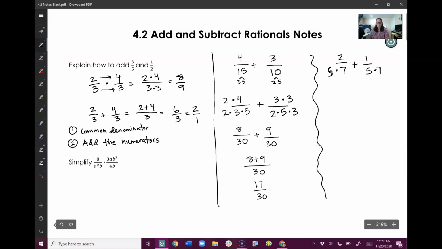And now they're identical. But once again, if I do something to the bottom, I've got to do the same thing to the top to get them to be balanced. So this is going to be 10 over 35 plus 1 times 7 is 7 over 35. There's my common denominator. So I combine my numerators to get 17 over 35. And there's my answer.